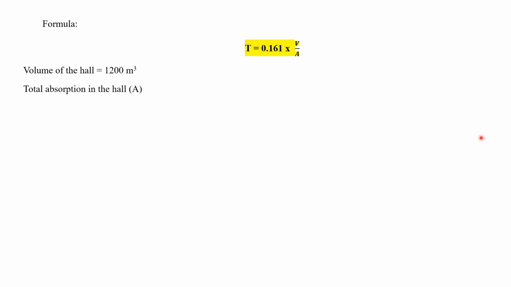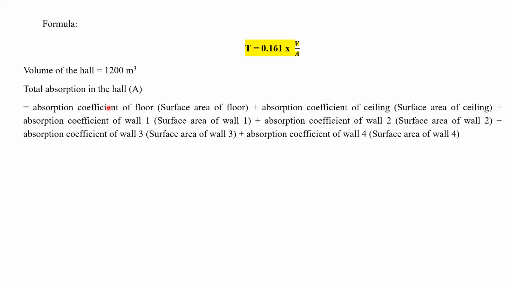Now for total absorption in the hall, we need to consider the formula like this: absorption coefficient of floor multiplied by surface area of floor, plus absorption coefficient of ceiling multiplied by surface area of ceiling, plus absorption coefficient of wall 1 multiplied by its surface area, wall 2 coefficient multiplied by surface area of wall 2, wall 3 coefficient multiplied by surface area of wall 3, and wall 4 coefficient multiplied by its surface area.